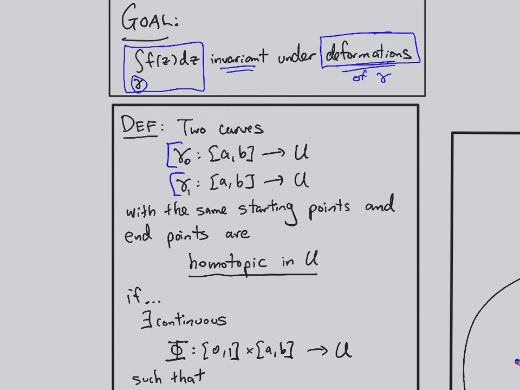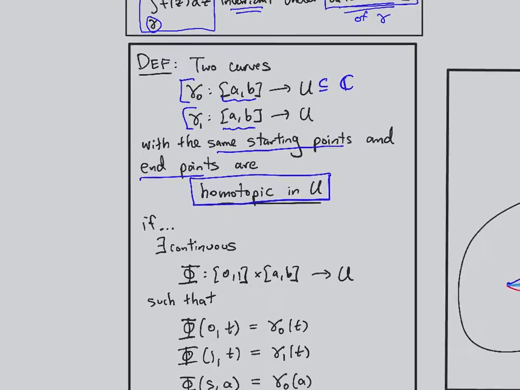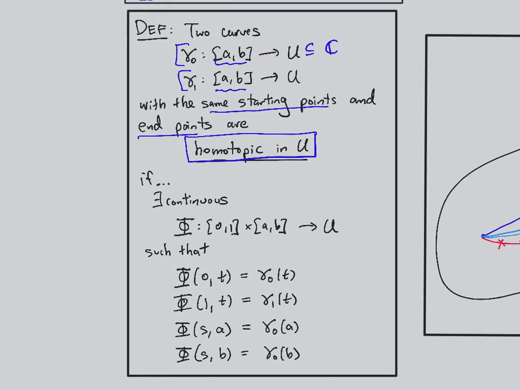So two curves, gamma naught and gamma 1, which we'll parameterize using the same interval, which have the same starting points and the same endpoints, are homotopic in the domain U inside the complex plane if they're deformations of each other in the sense that there exists a continuous function phi, which is defined on the interval 0, 1 across the interval a to b, such that when I plug in 0 for the first value, I just get back gamma 0, and when I put in 1, I get gamma 1.